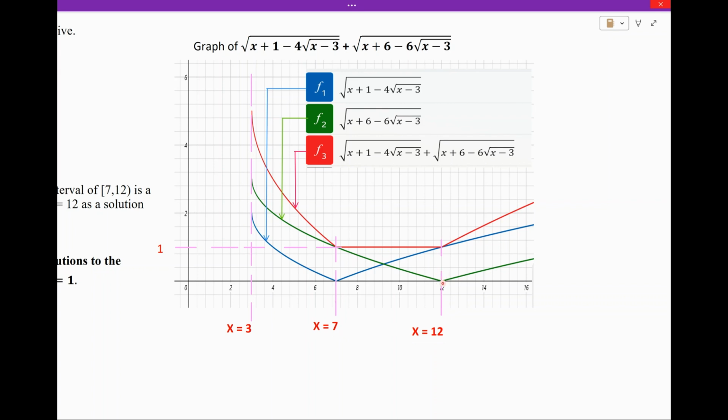So their sum at x is equal to 7 and x is equal to 12 remains 1. And in between 7 and 12, one graph keeps on decreasing, another graph keeps on increasing, but they do that in such a manner that their sum always equals 1. So this is a very interesting phenomenon.